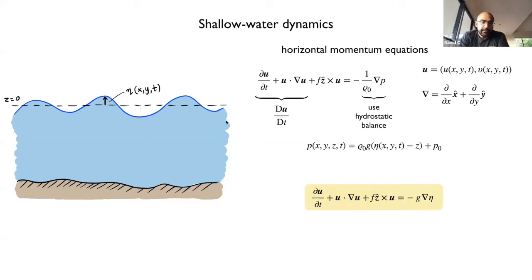And eta is just the surface displacement, the free surface displacement. Because if you want to compute horizontal gradients of the pressure from the solution we found before with the hydrostatic balance, the only term that has horizontal gradients is the rho g eta term, so the sea surface height. So that's the two equations for the horizontal velocities.